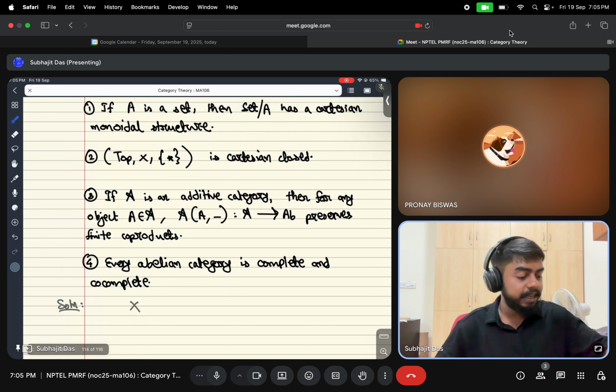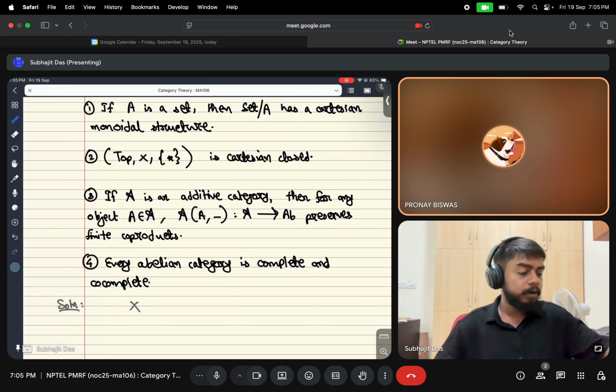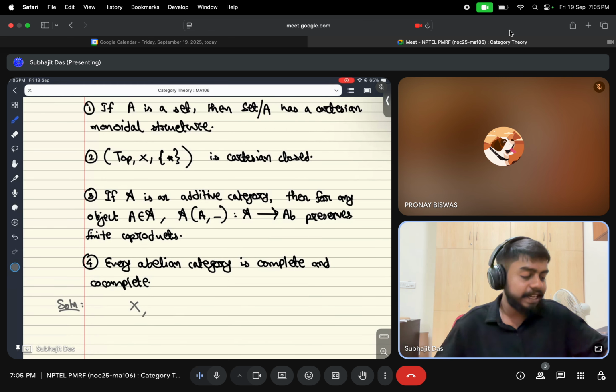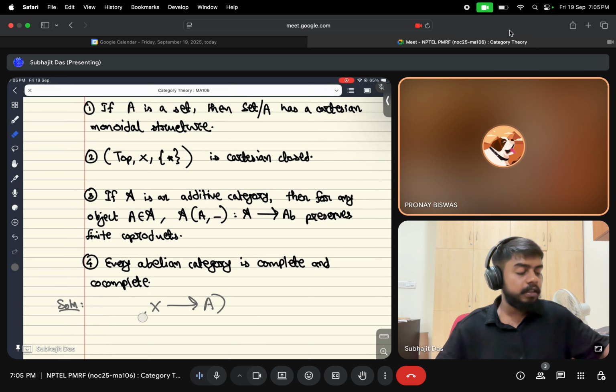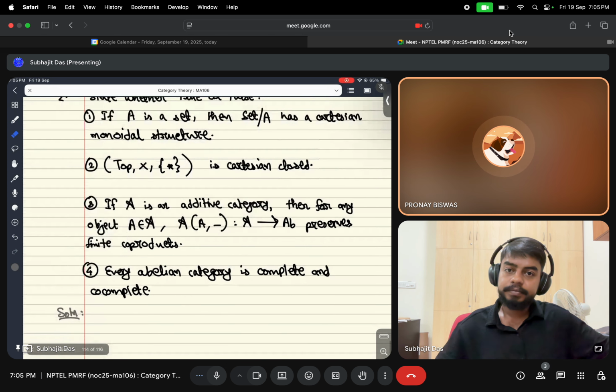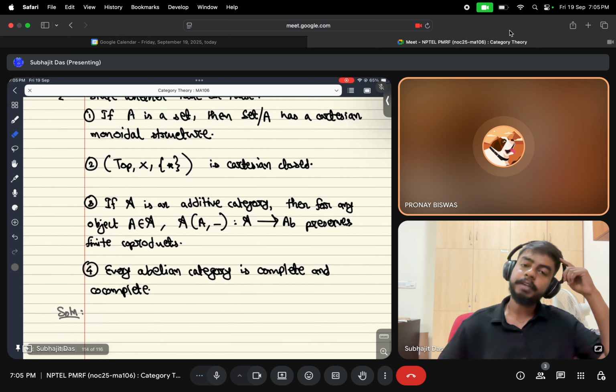So any object is a set X together with a map X to A, which can be thought of as a bundle over A.